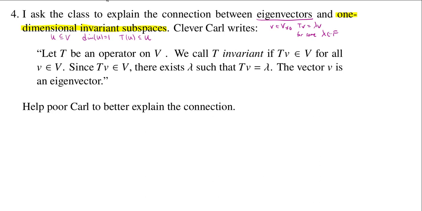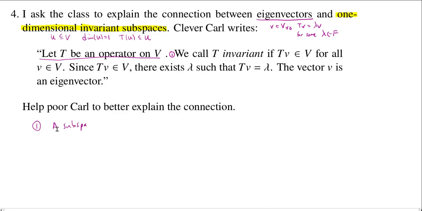So let's try to rewrite what Carl is doing here. Let T be an operator on V. Carl did okay there. We're allowed to look at operators on V. It says we call T invariant. We're going to keep this bit, but now, starting here, we need actually a subspace.